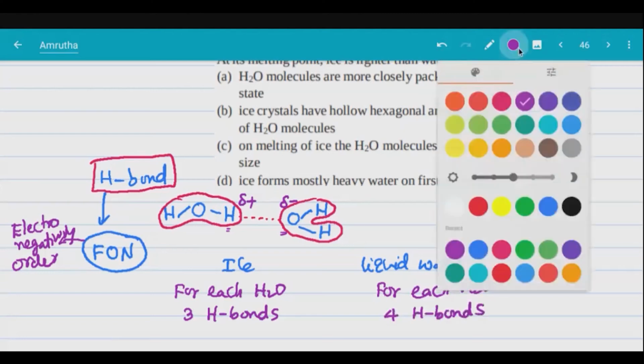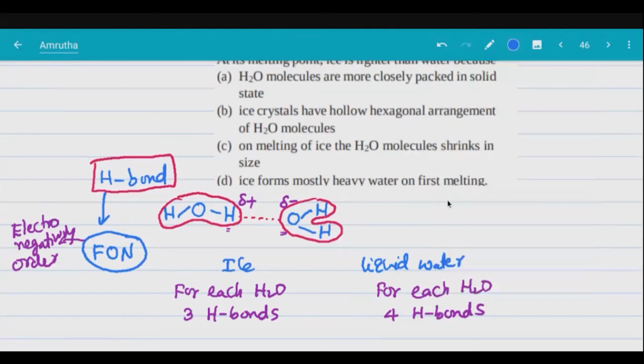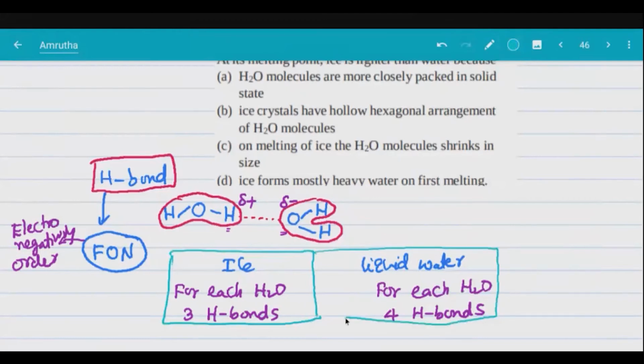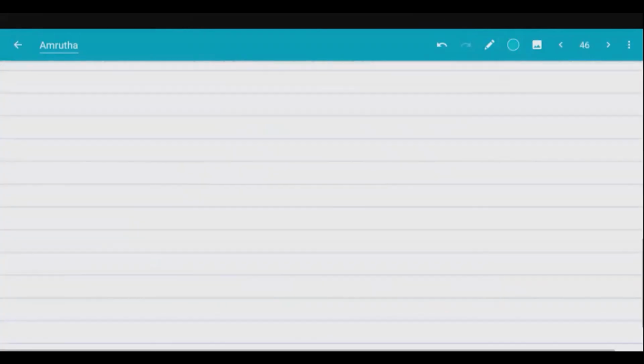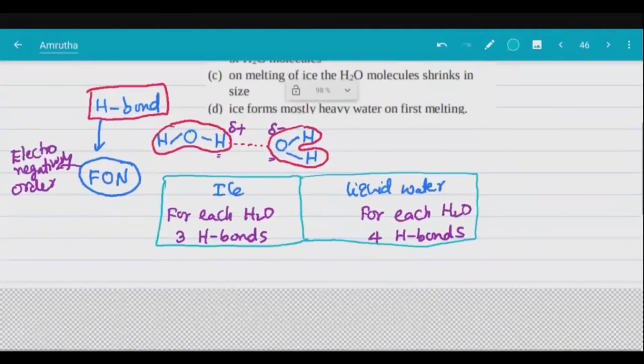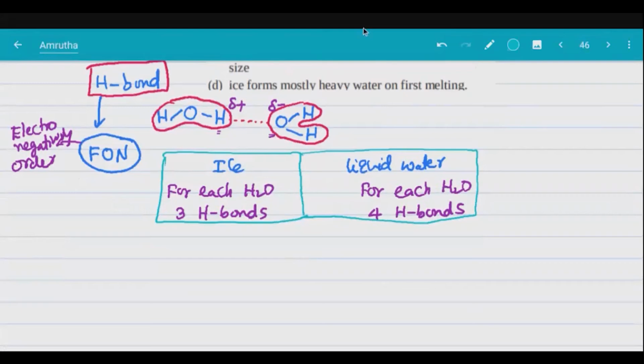So that's the main difference between ice and liquid water. Ice and liquid water, main difference is what? Number of hydrogen bonds, no? Number of hydrogen bonds. See this? Each water molecule is bonded to three other water molecules.